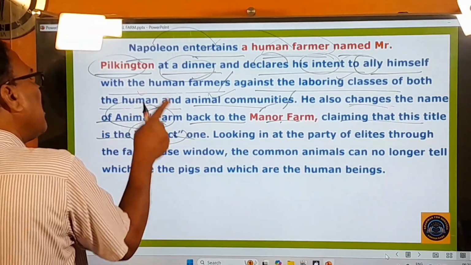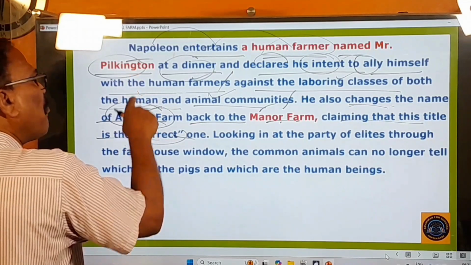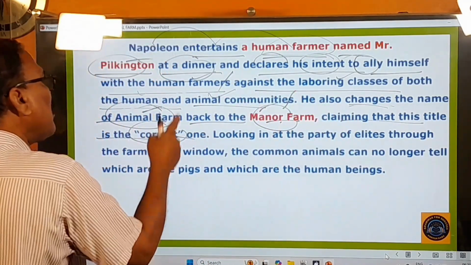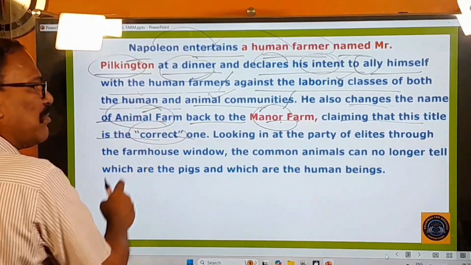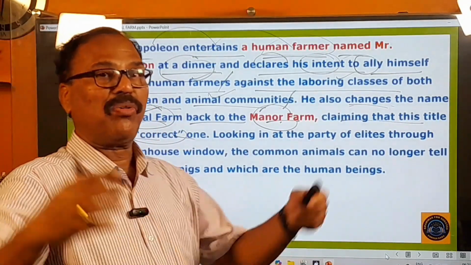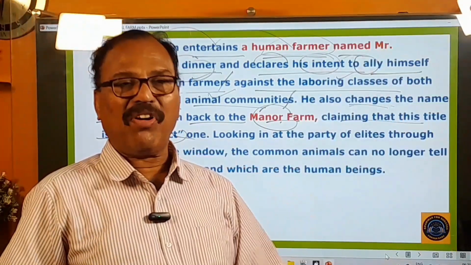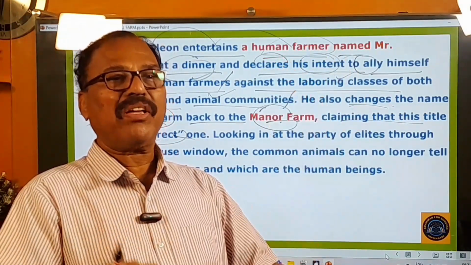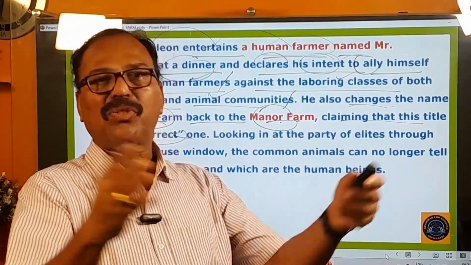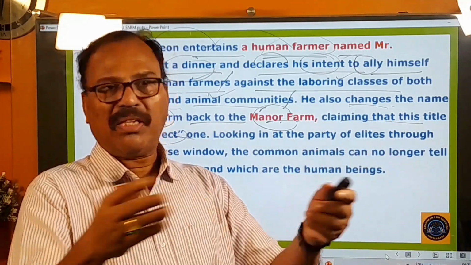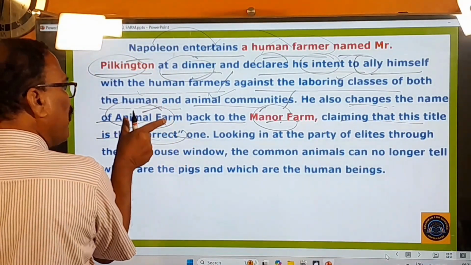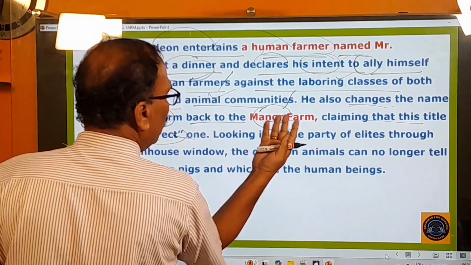Therefore, he again changes Animal Farm back to Manor Farm, because he says this title is the fitting one, the correct one, because this Napoleon is the monarch of that farm. He is the one and only person who is enjoying absolute power, and there is nobody who can oppose him on that farm. So that's why the name of Animal Farm has been changed back to Manor Farm.